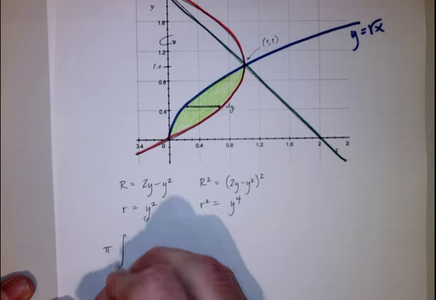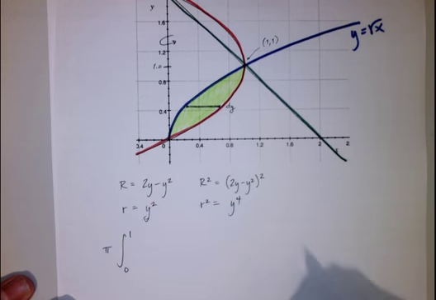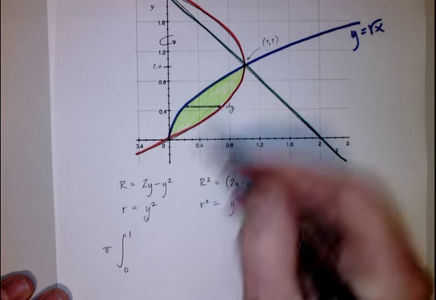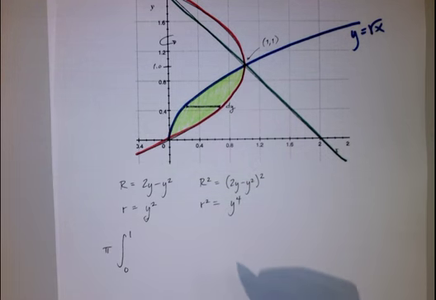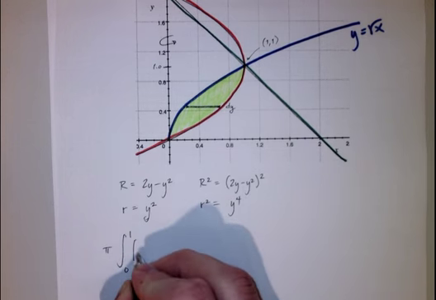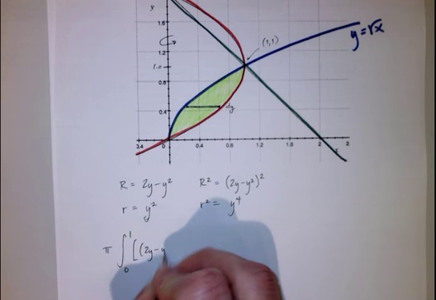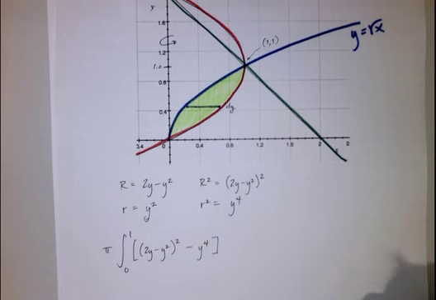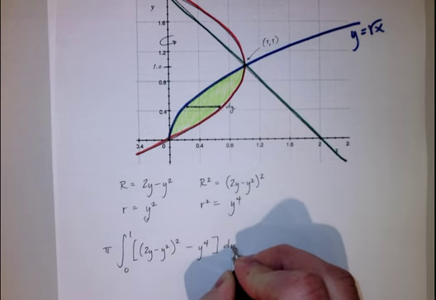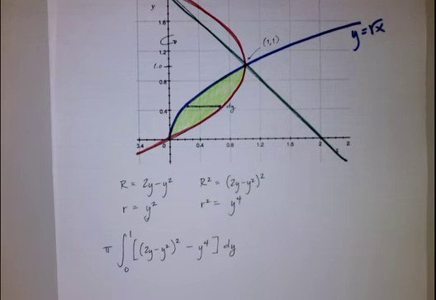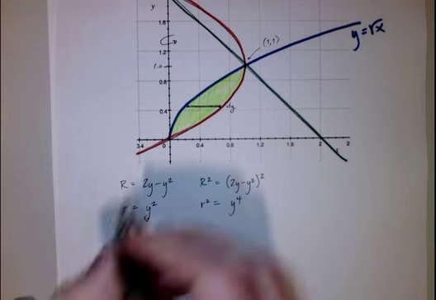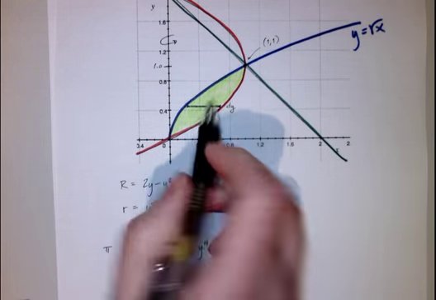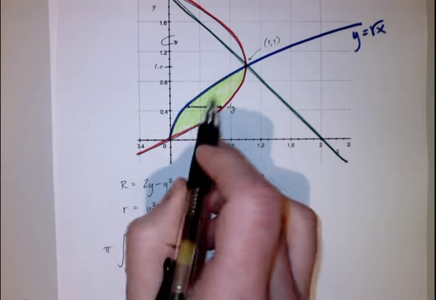It is pi times the integral from 0 to 1, that was our limit of integration. It's fairly easy to see, knowing what you know of the curves and seeing it on the graph and having numerically verified it. And then we have 2y minus y squared minus y to the fourth, which is our small r squared, dy. And that is basically the revolution of this around the y-axis.